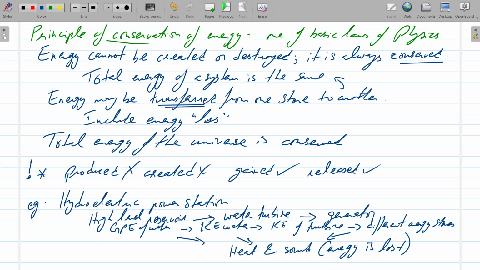Okay, so the lost energy is called non-useful transfers of energy. All good? Okay, so the next topic, I will have to stop here, unfortunately.